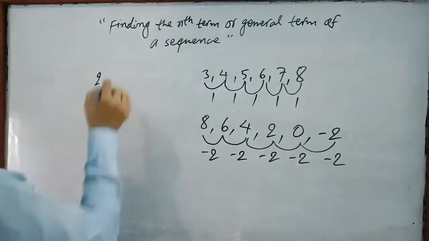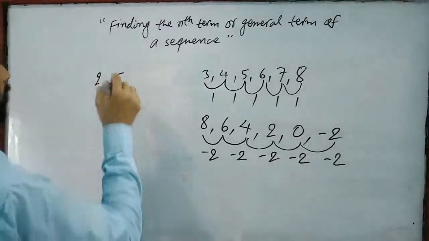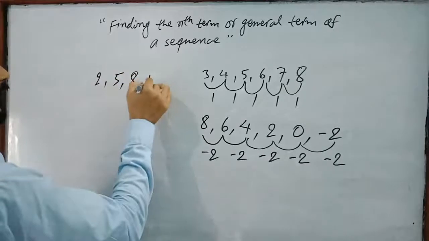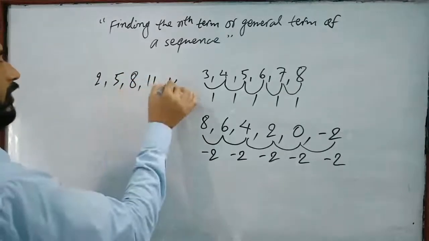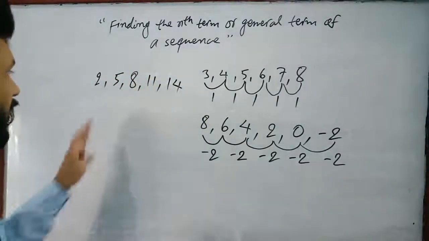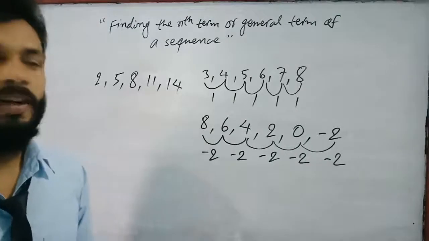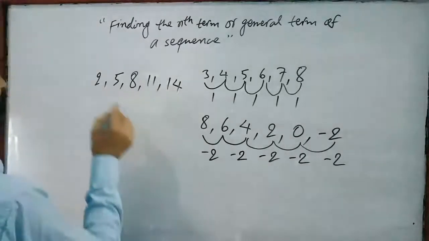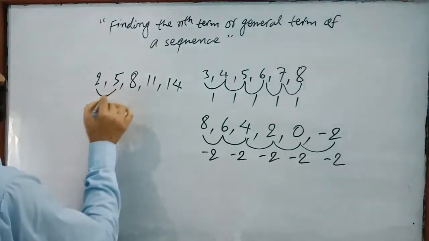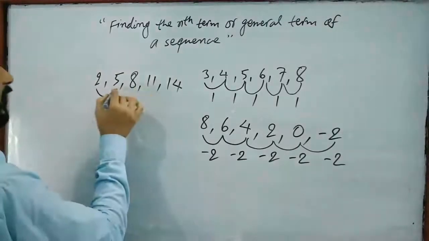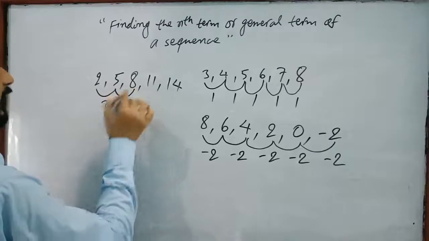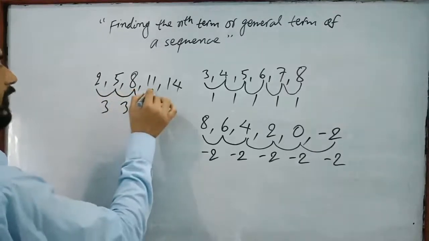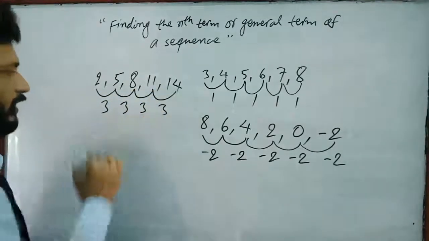Okay. Again, suppose we have 2, 5, 8, 11, 14. It is a linear sequence. Okay, first of all find what? Difference. So what is the difference of 5 and 2? 3. What is the difference of 8 and 5? 3. 11 and 8, 3. 14 and 11, 3.